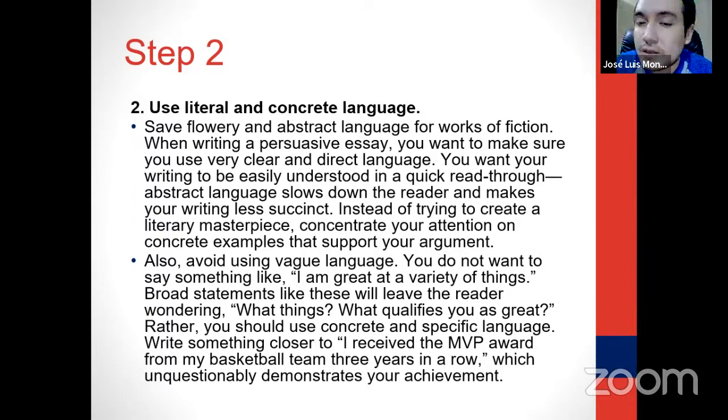If you simply say many things, a lot of things, and so on, it's not clear, and you have to be clear. So avoid vague language and be as concrete, as literal as possible. That's going to make your essay way better, and it's going to be easily understood.